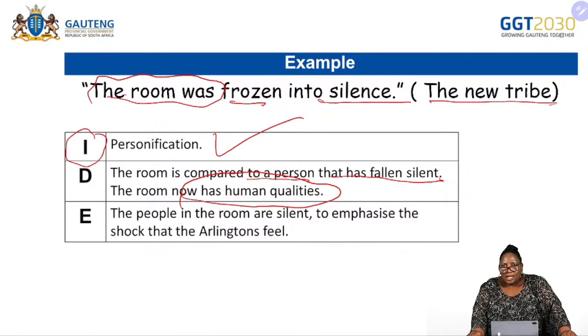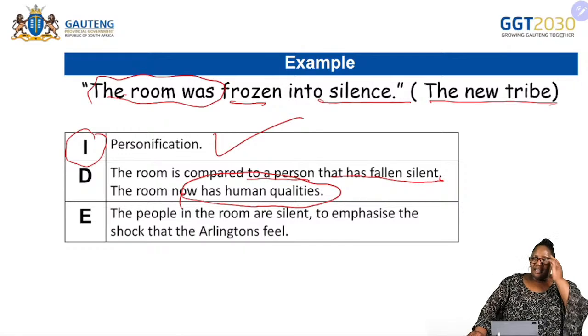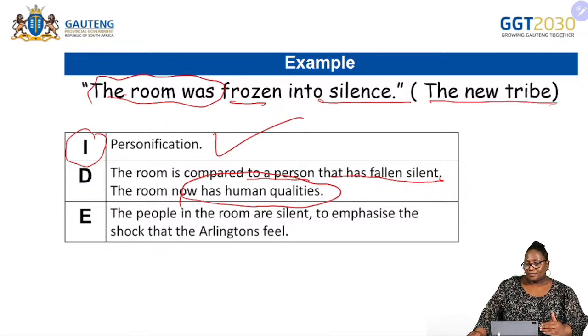Who freezes into silence? Human beings, isn't it? We keep quiet. We don't know what to say. We are able to speak, and at some point, we just keep quiet. Can you imagine now that the room had to keep quiet?